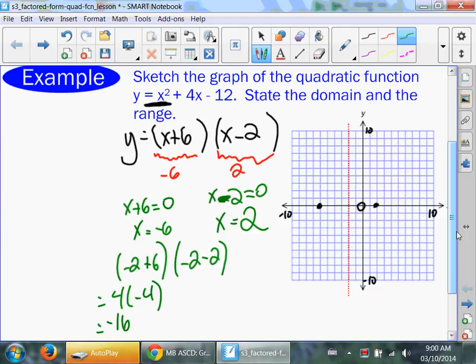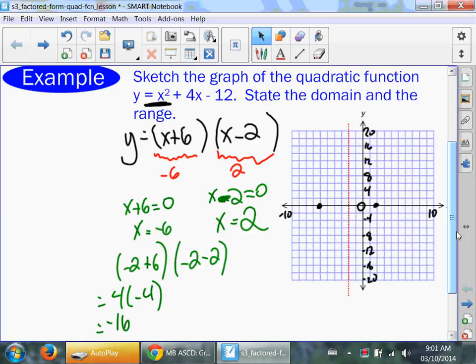So negative 16 automatically makes my scale go out the window. That's fine. I can make a new scale: 4, 8, 12, 16, 20, negative 4, negative 8, negative 12, negative 16, negative 20.